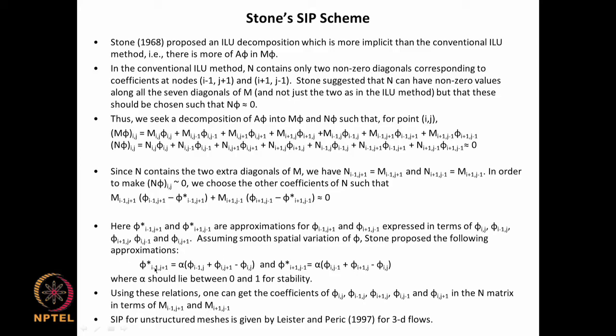And what are those expressions here? For example, here you have phi star I minus 1 j plus 1 expressed in terms of I minus 1 j, I j plus 1 and I j. So you have I minus 1 j here, and I j plus 1 must also be here, and obviously I j. And I plus 1 j minus 1 is expressed in terms of I j minus 1, that is this one, and I plus 1 j, which is also somewhere here.